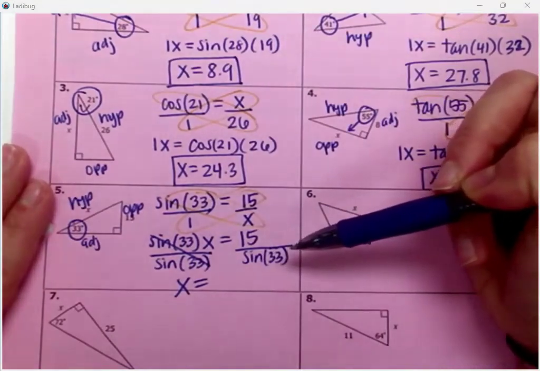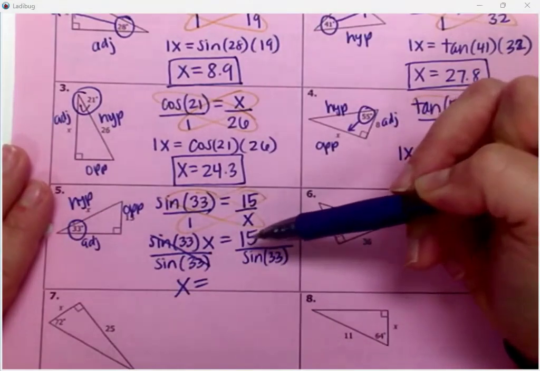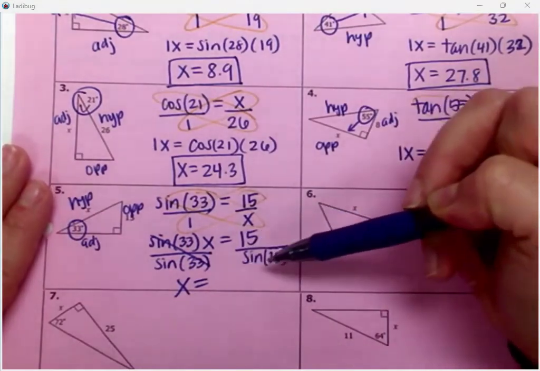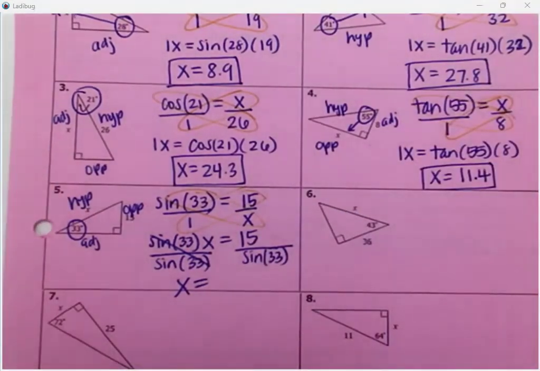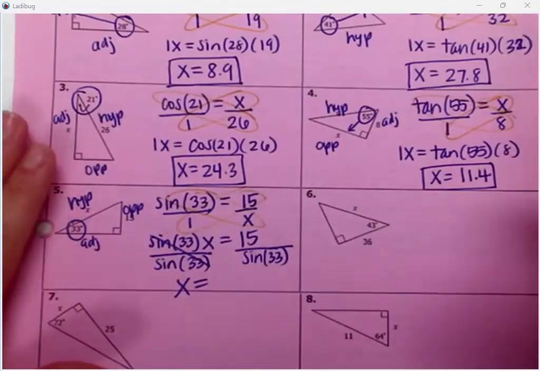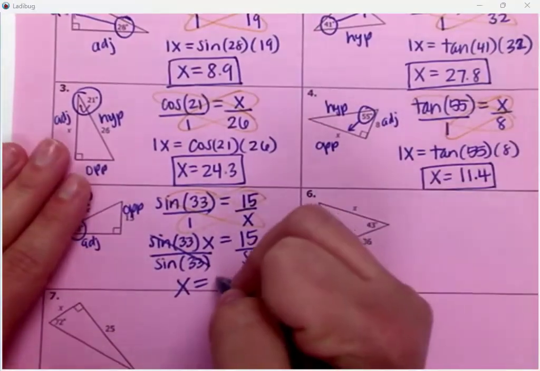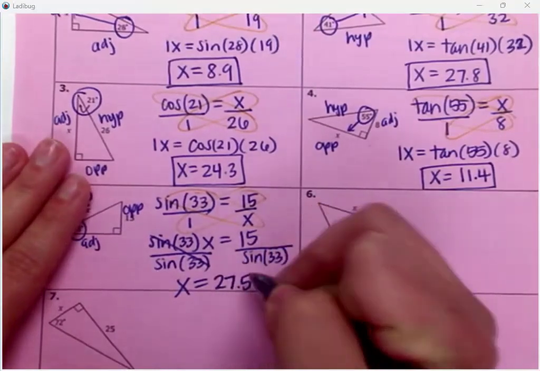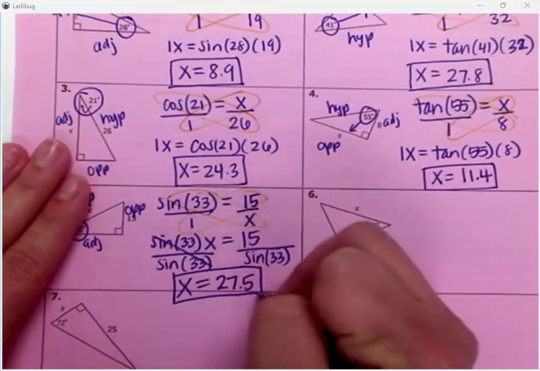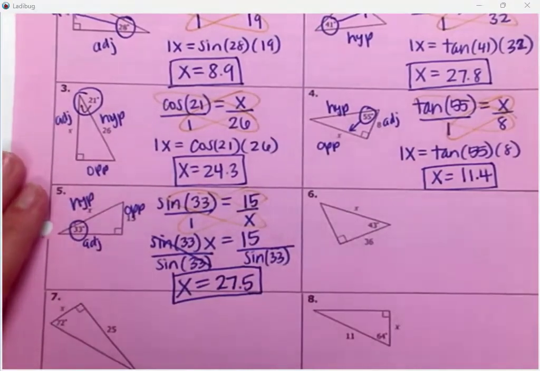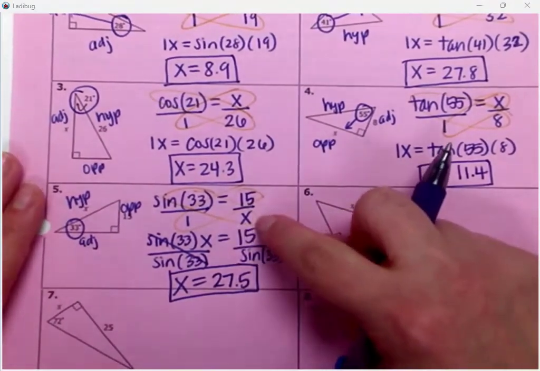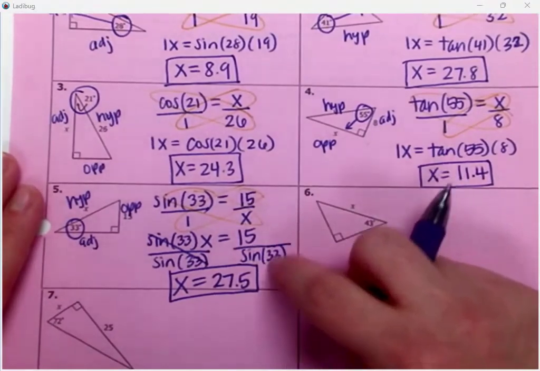So in your calculator, type in 15 divided by sine of 33. And if we're rounding to the nearest tenth, what should we get? 27.5. Okay. So notice when the x is on the bottom, you're going to end up having to divide in your problem.